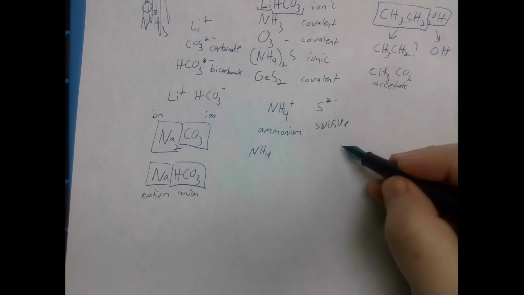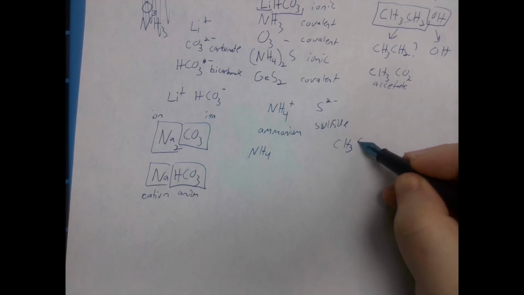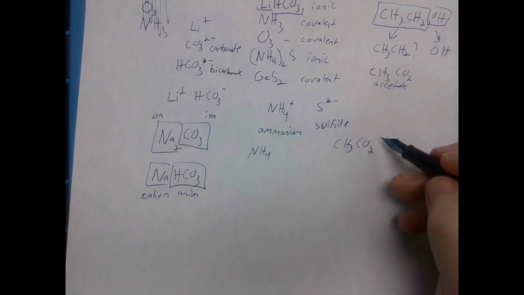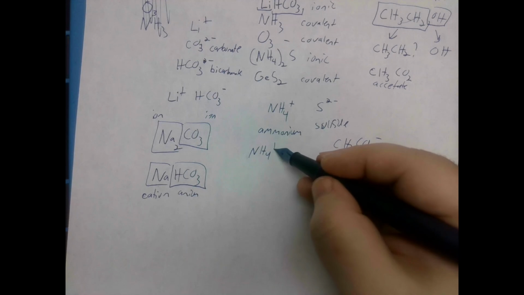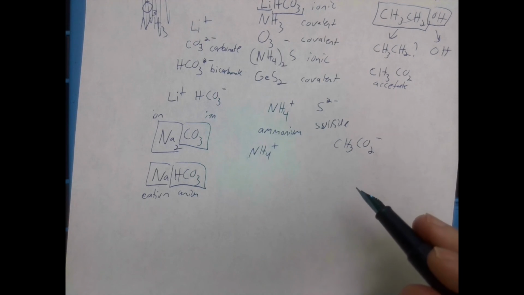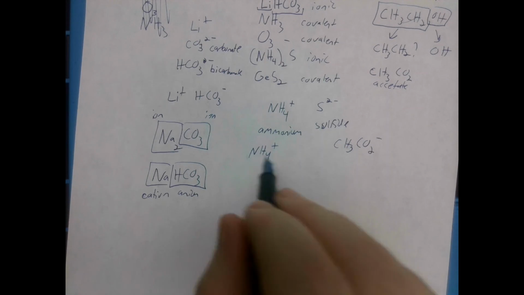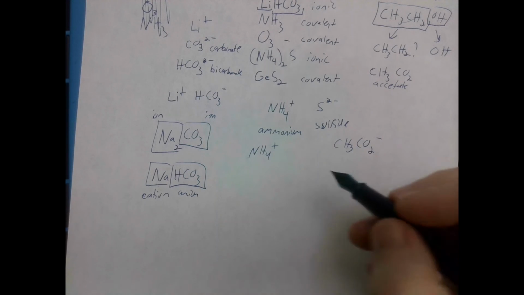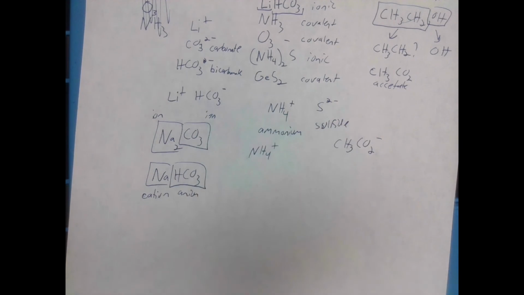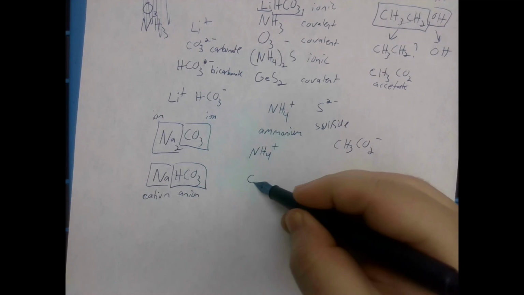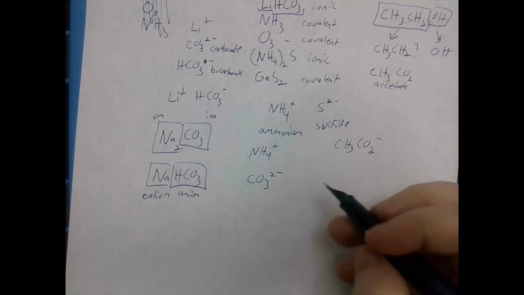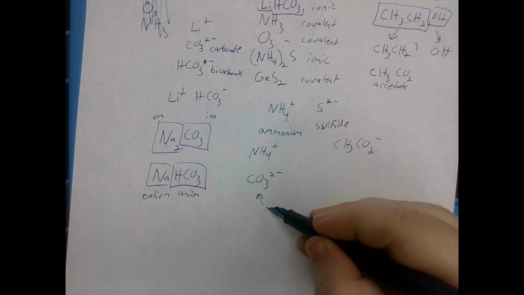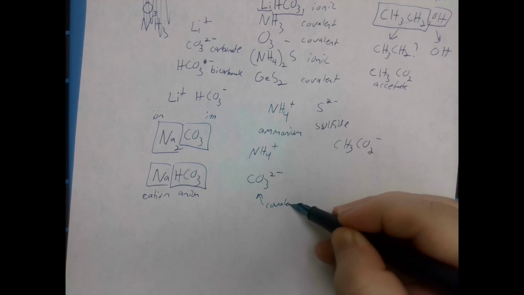NH4 and CH3CO2, I don't have acetate on the test, but these two are very common ions. These two are probably the only ones that don't have metal in them. Well, I'll say that. CO3 obviously doesn't have a metal. Inside of this, CO3 2 negative, this has covalent bonds inside of it.